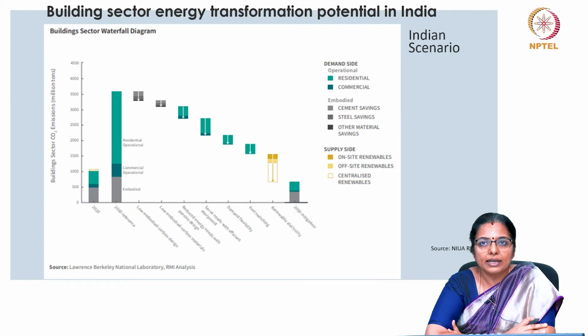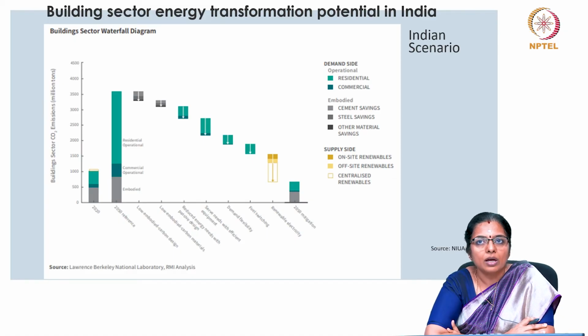According to the NIUA RMI report, embodied emissions make up 10%, while operational carbon emissions, we are talking of carbon emissions, are up to 90% in the Indian building sector's emissions, whereas worldwide we can assume it is one third and two third.